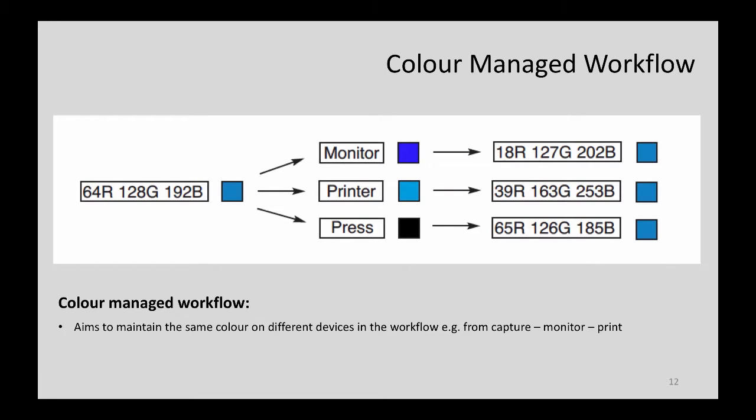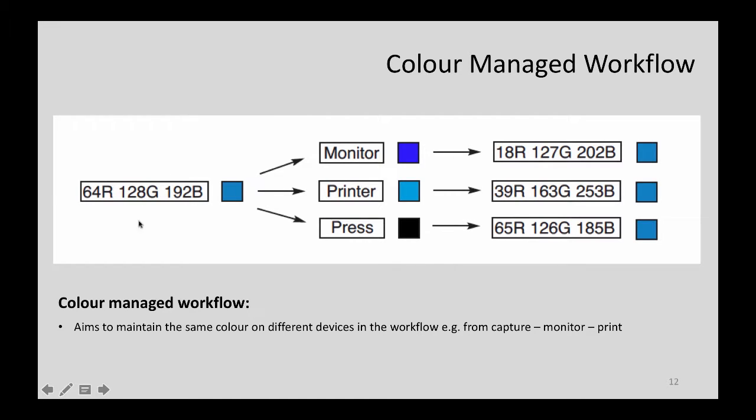So let's have a look at this color managed workflow. This is just a small example. So my input color is this blue, and it's made up of 64 units of red, 128 units of green and 192 units of blue. When it's displayed on the monitor, this is what we're going to get: 18 units of red, 127 green and 202 of blue.